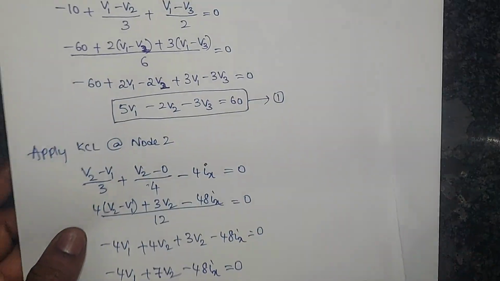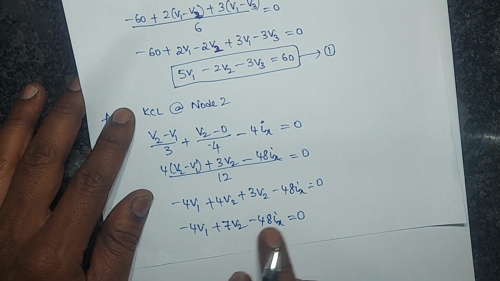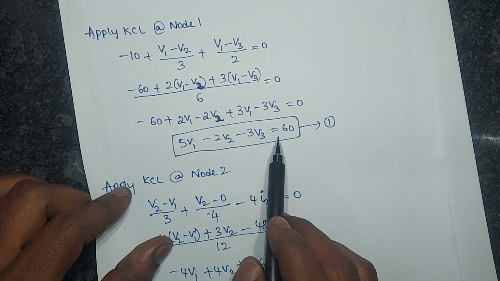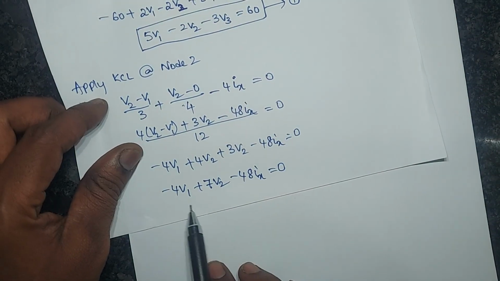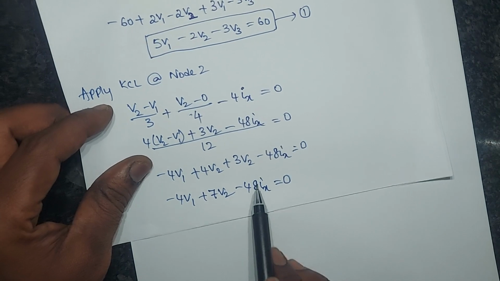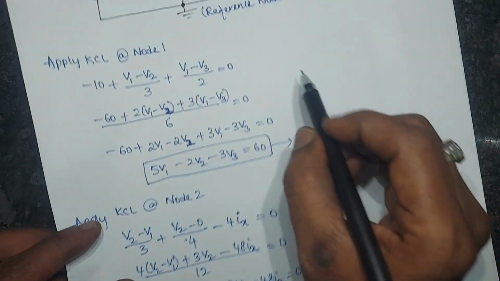Okay, so now observe, one more additional variable is obtained. Here we only have v1, v2, v3, but instead of v3 we get one more additional variable, 48 ix. So that's why.